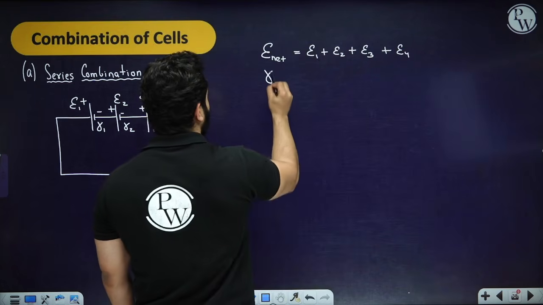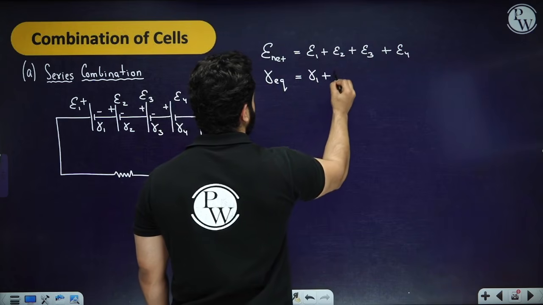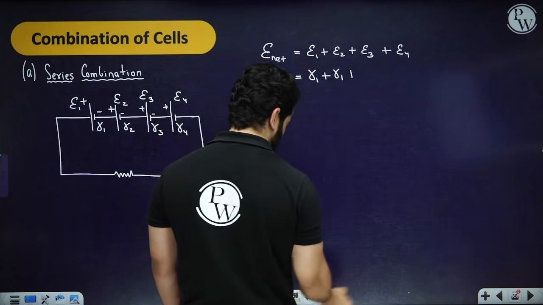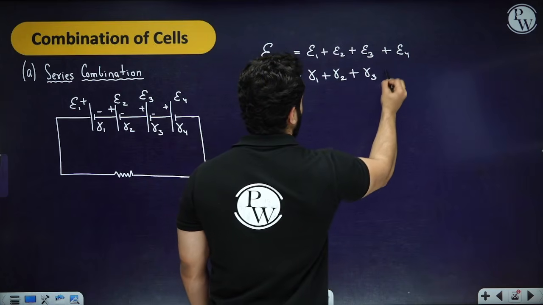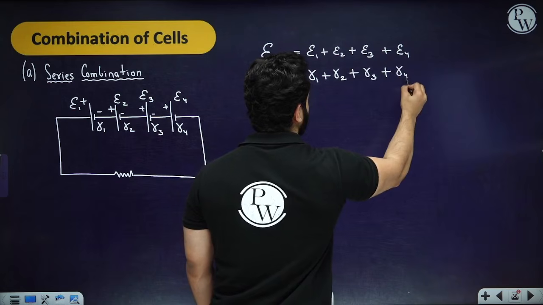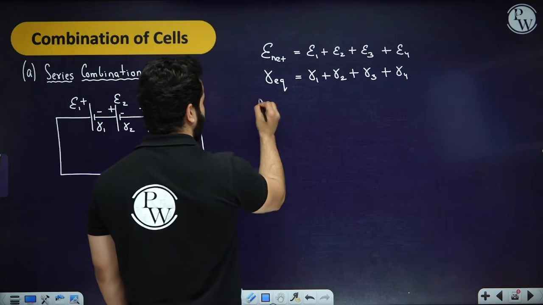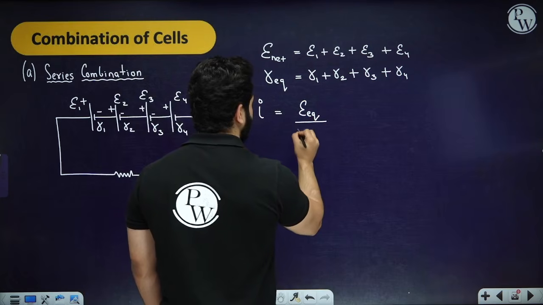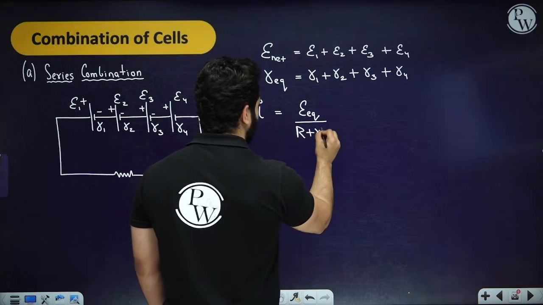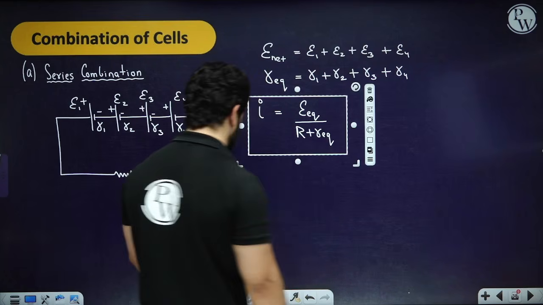And R equivalent will be just the series combination of internal resistances, R1 plus R2 plus R3 plus R4. So if someone tells you to find the value of current, current would be E equivalent divided by capital R plus small r equivalent. Now that's what I was saying, nothing really different about this.